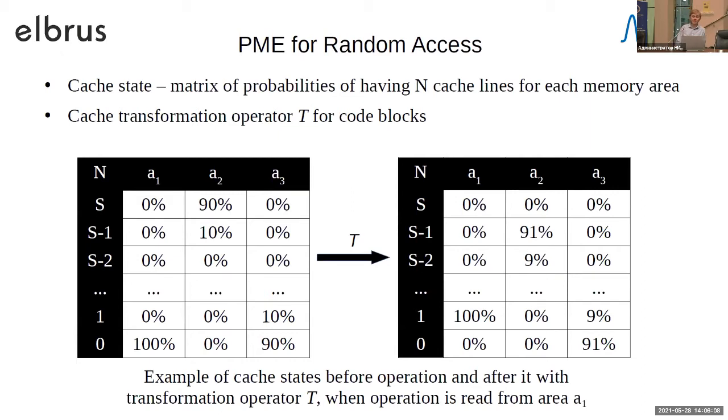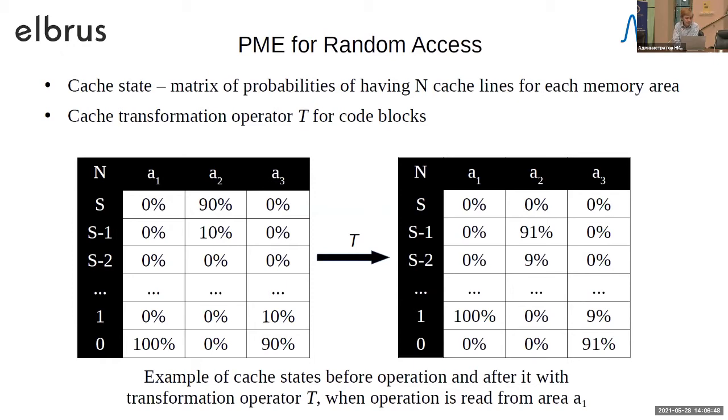As for random access, we developed a model with cache states and cache transformation operators. Firstly, we choose the cache state as a matrix of probabilities of having a number of cache lines for each memory area. So, for example, there are two tables here, two matrices, where the number of cache lines is from 0 to the size of the cache.